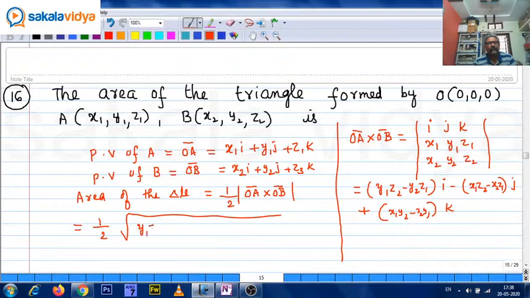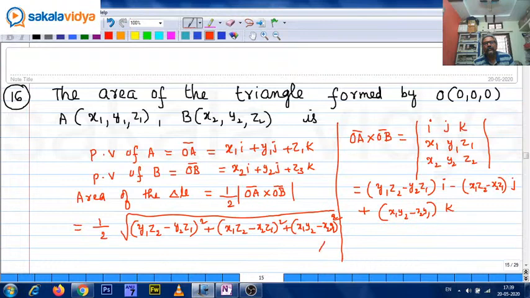You get (y1 z2 minus y2 z1) whole squared plus (x1 z2 minus x2 z1) whole squared plus (x1 y2 minus x2 y1) whole squared. This is the formulation, that's all. You can use the vectors concept also to find the area of the triangle.